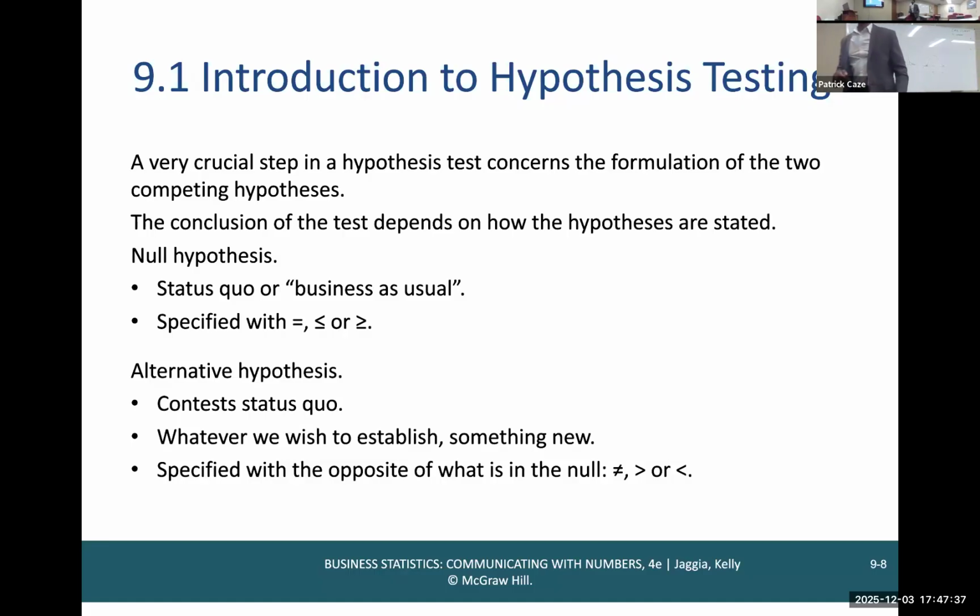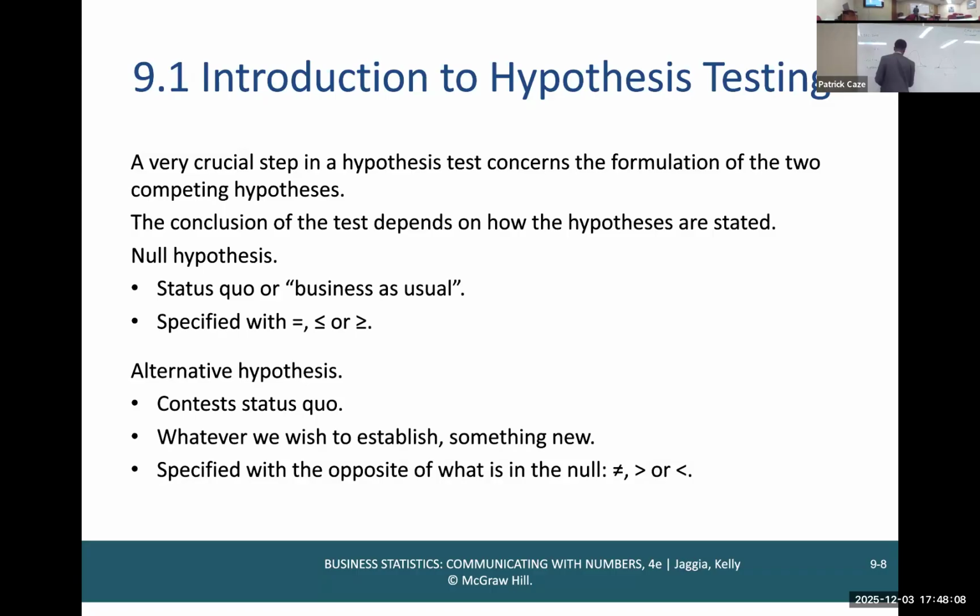All right, so the alternative hypothesis contests the status quo, and that's what the null hypothesis is about. It's just saying, look, I don't necessarily agree that the null is correct. And so as you write it, you're going to say, this is the null hypothesis here: H0 equal to 65.